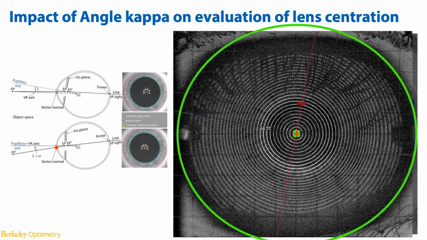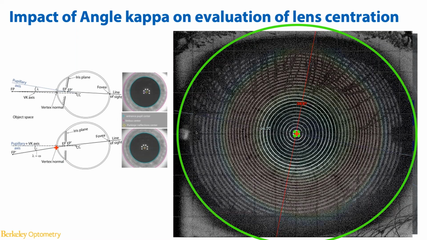So a quick way of fixing this is to ask patients to nasally fixate on the first or the second ring of the placido, the fixation rings, so that we can actually overlap the geometric center with where the line of sight is passing through the cornea.